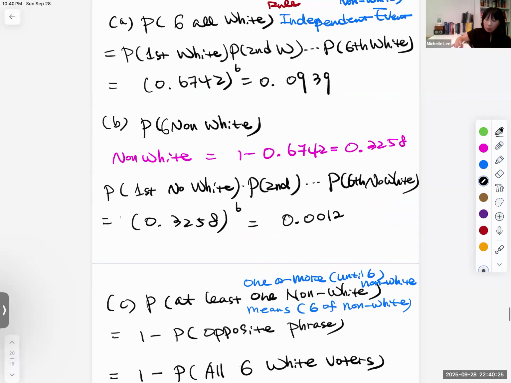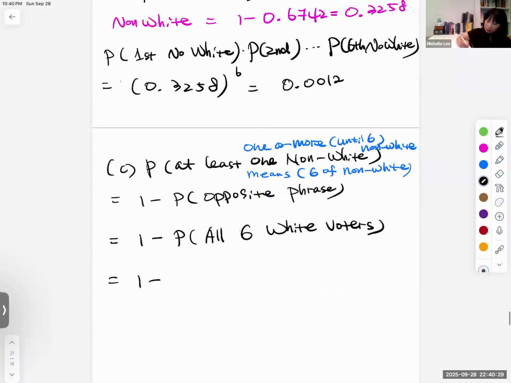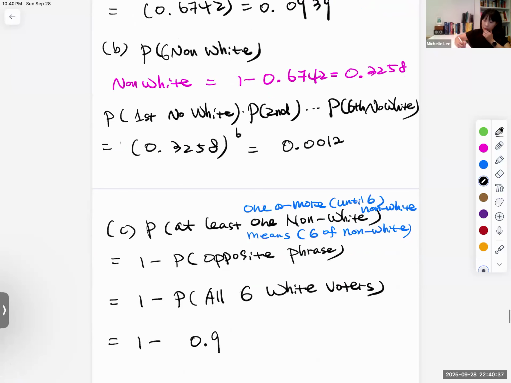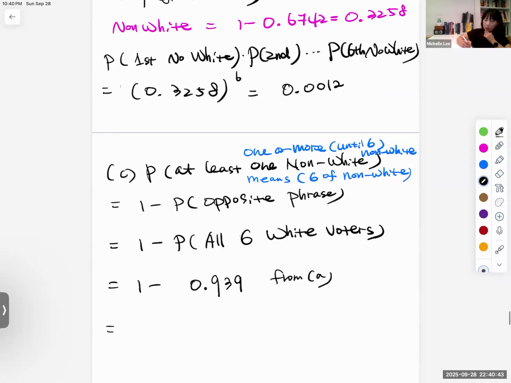We have that from part A, 0.0939. So if we calculate, we get 0.9061. Make sense?